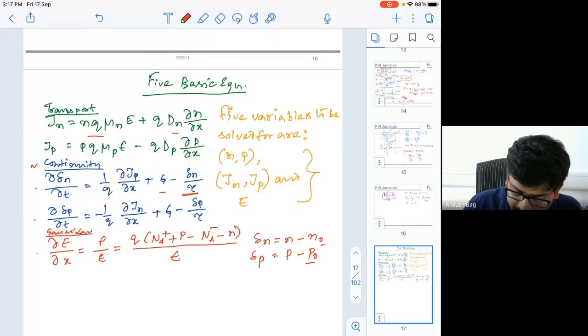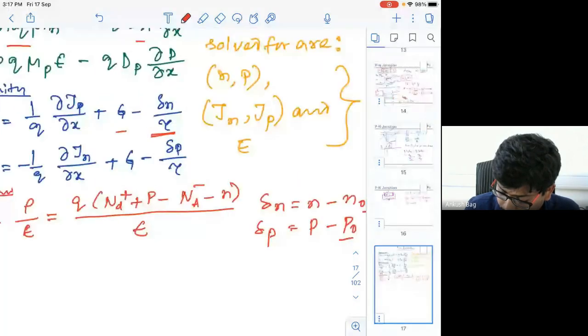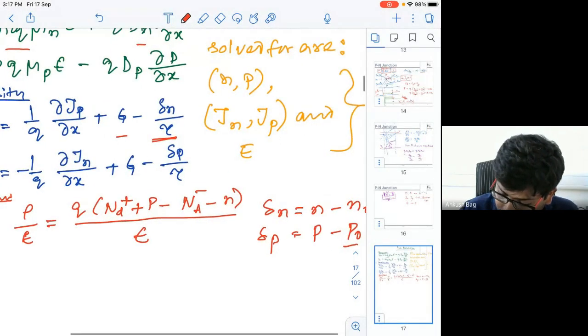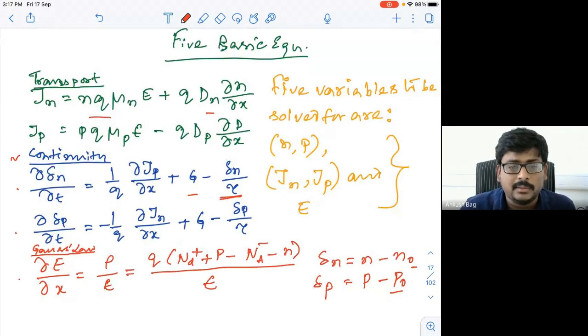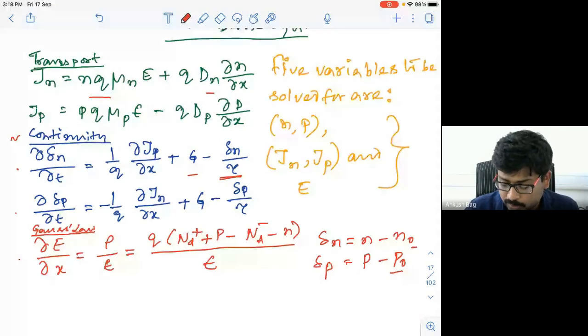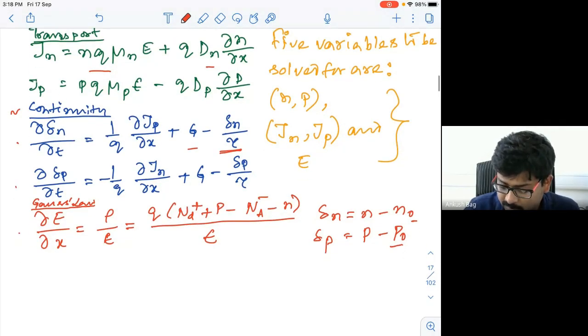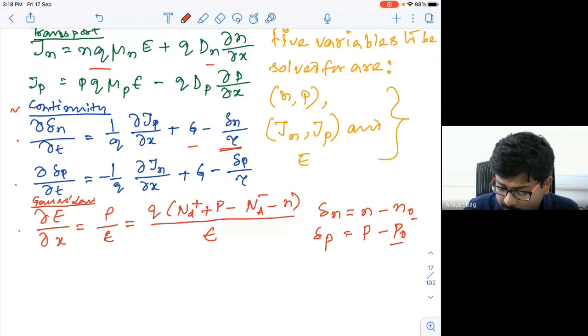We now have these five fundamental equations, and to get the mathematical formulation of any electronic device's terminal characteristics, that means IV characteristics, if we can understand these five equations, we can easily derive the IV characteristics of any electronic device.